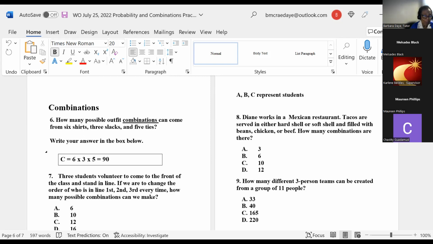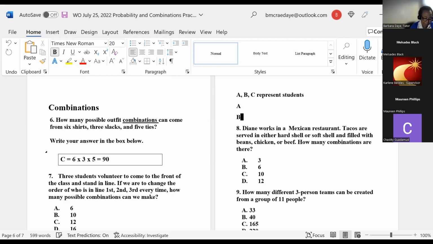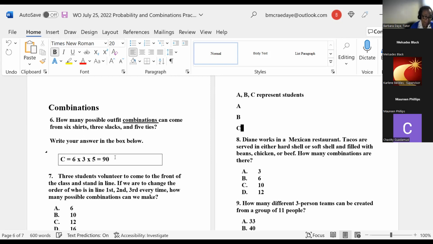and see how many you get without repeating. So you could have A, B, and C, right?